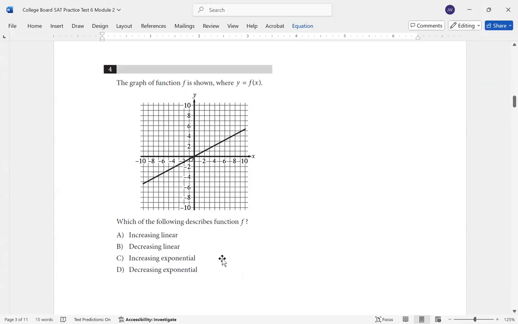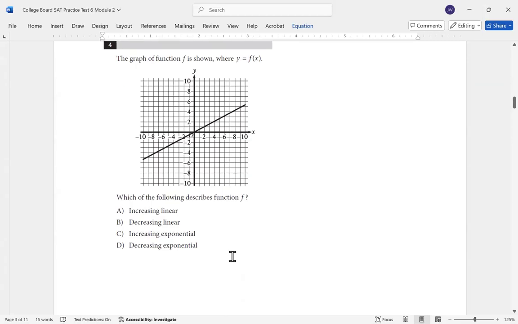Question 4 says the graph of a function f is shown where y is equal to f of x. Which of the following describes the function? And then it gives us some options: increasing, decreasing, linear, or exponential. Well, since this is a straight line, this is going to be a linear function. And because left to right, we're moving up, in other words, as x increases, the y value also increases.